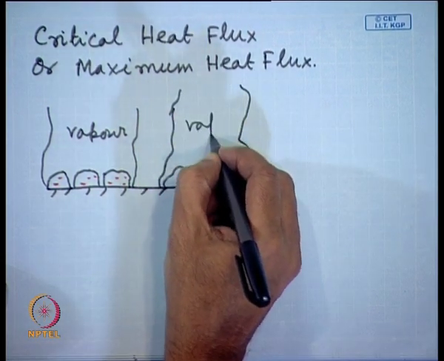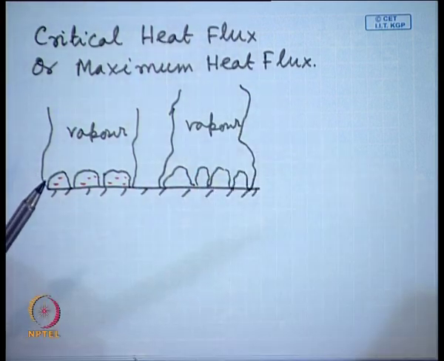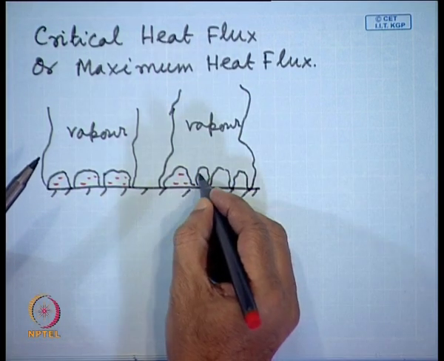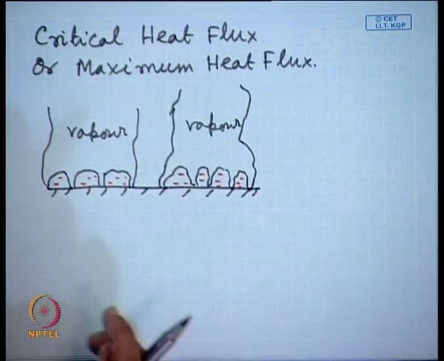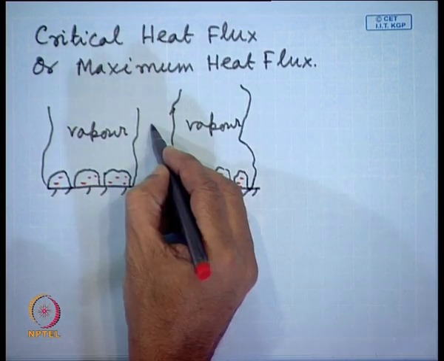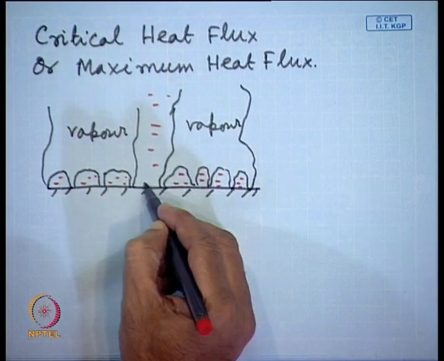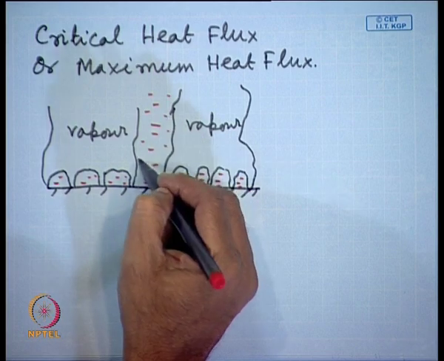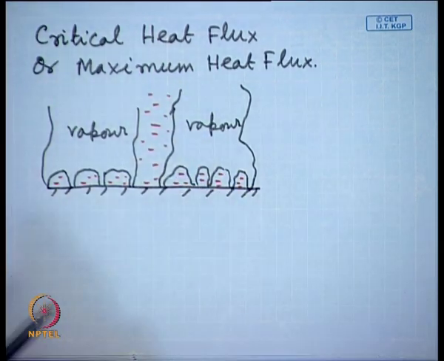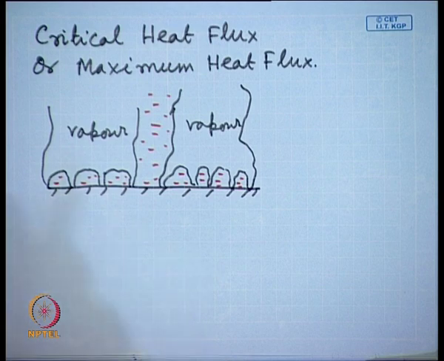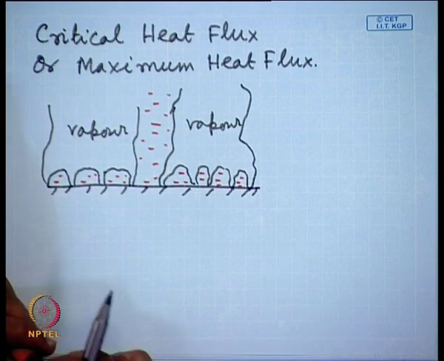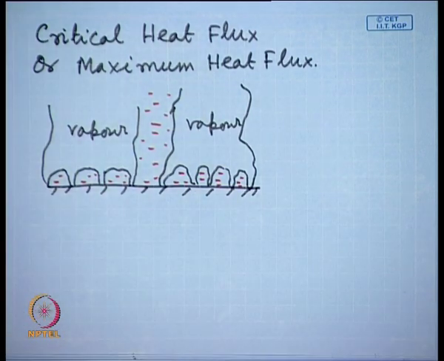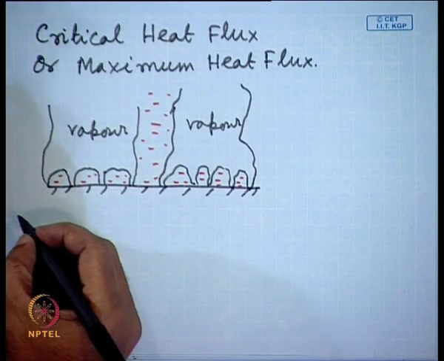So, this is also vapor, and here you will have the liquid. And also you will have liquid somewhere over here. So, this is your liquid. Now, certain things we will find out. If I summarize the physical observation, it will be like this.